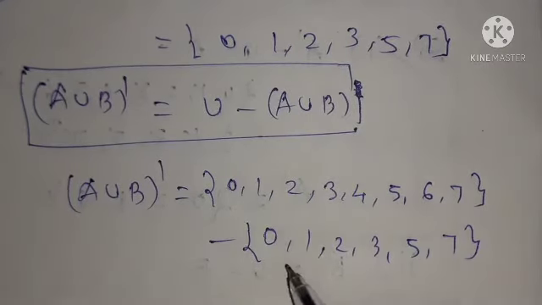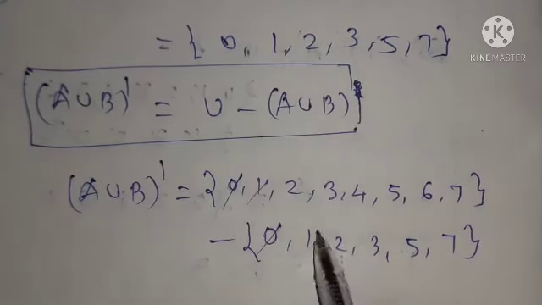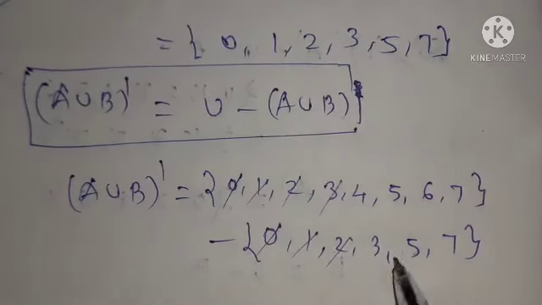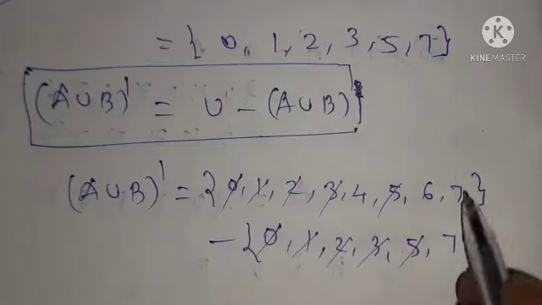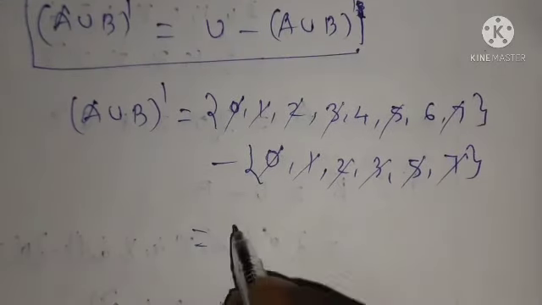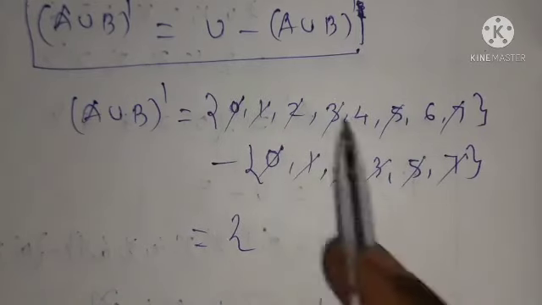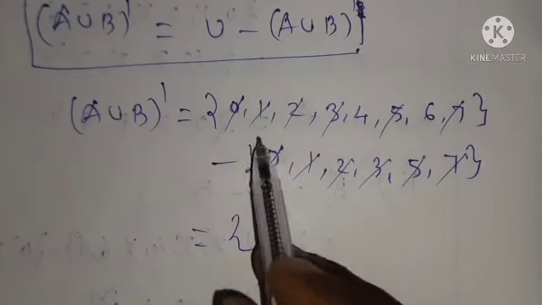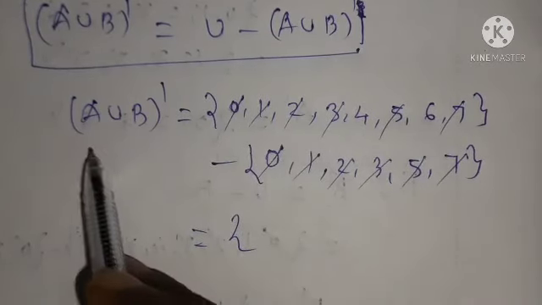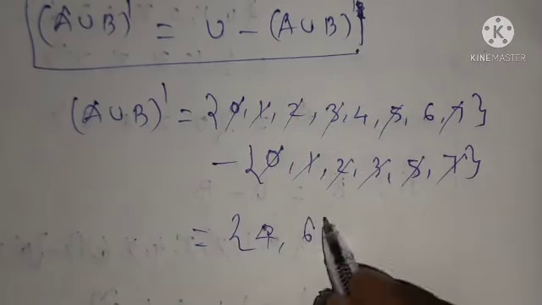So strike out the common elements. 0 is common to both the sets, 1 is common, 2 is common, 3 is common, 5 is common, 7 is common. Now A union B whole dash means the remaining elements of the universal set, universal set minus A union B. So the remaining elements of the universal set are called A union B whole dash: 4, 6.